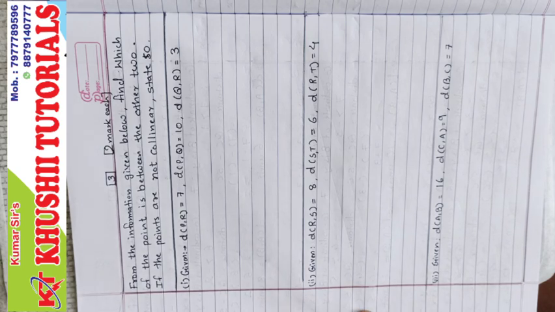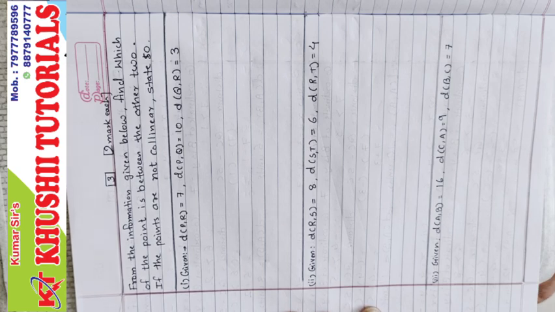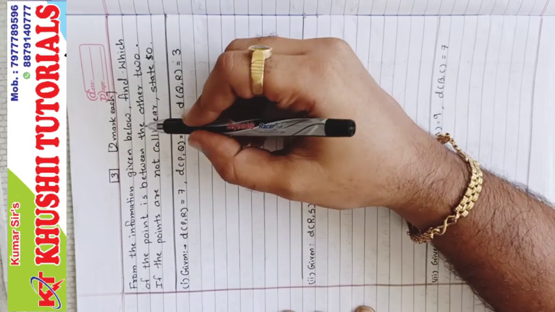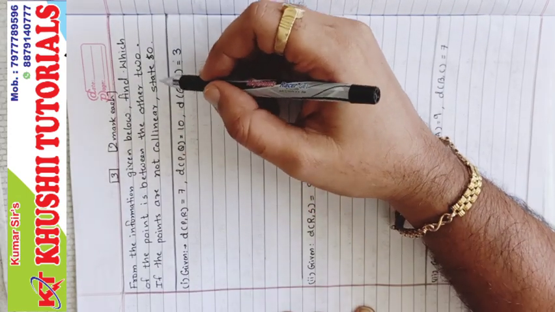Sum number 3, 2 marks each. From the information given below, find which of the points is in between the other two. If points are not collinear, state so. So it means we have to see whether the points are collinear or not.